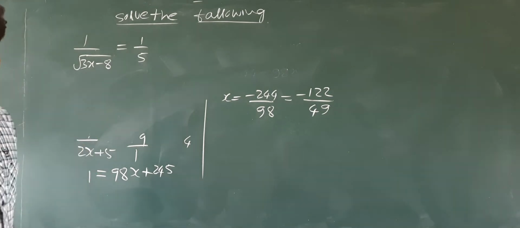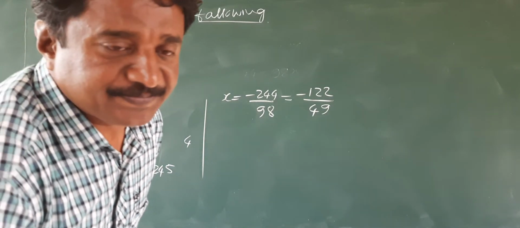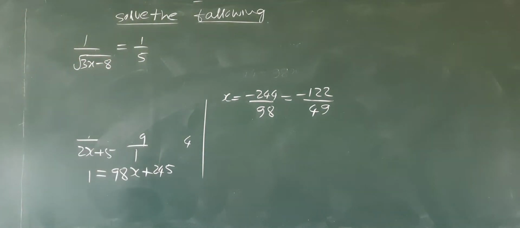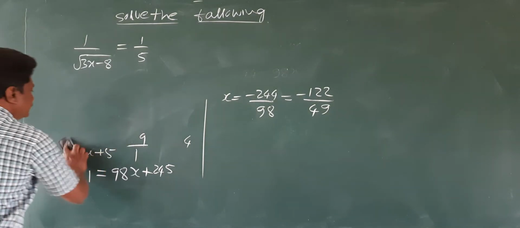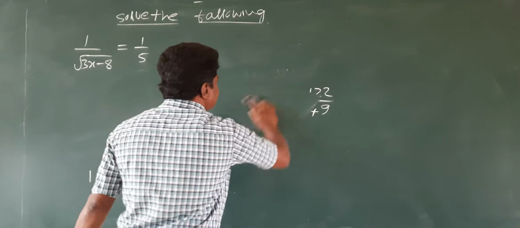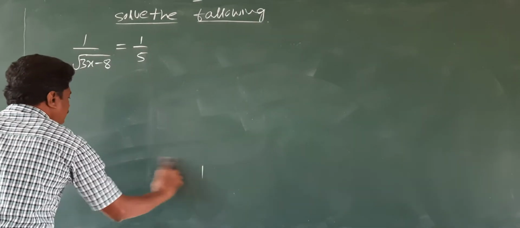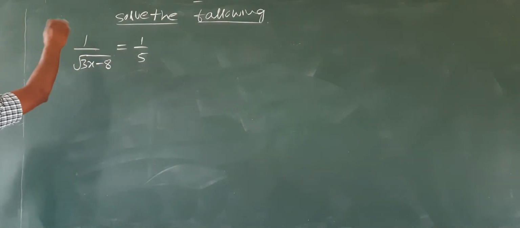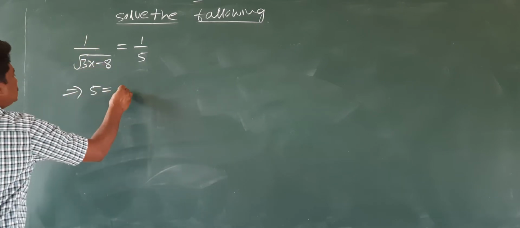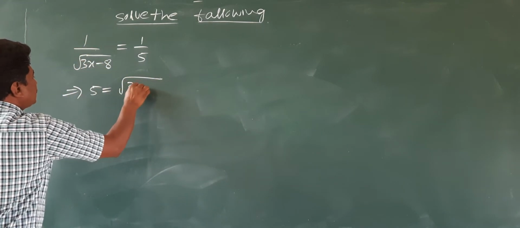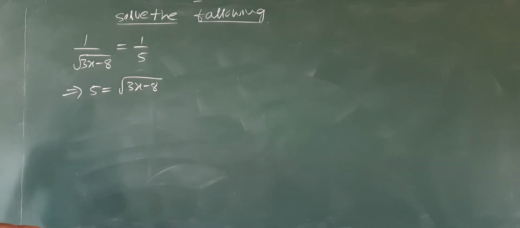First you cross multiply, students. You can do it in any way. Cross multiplying, this implies 5 equals root of 3x minus 8.